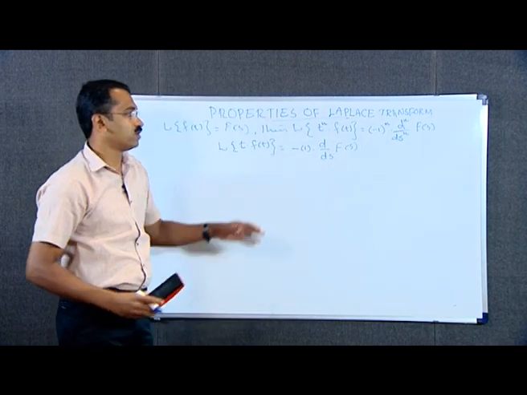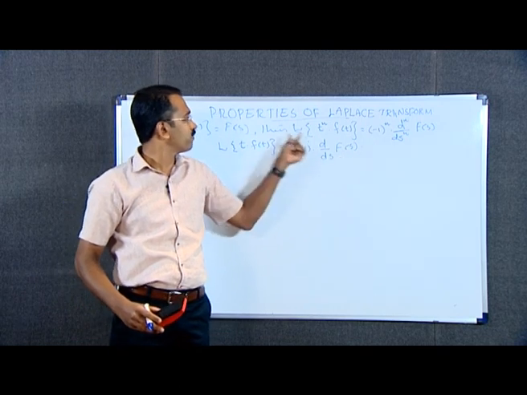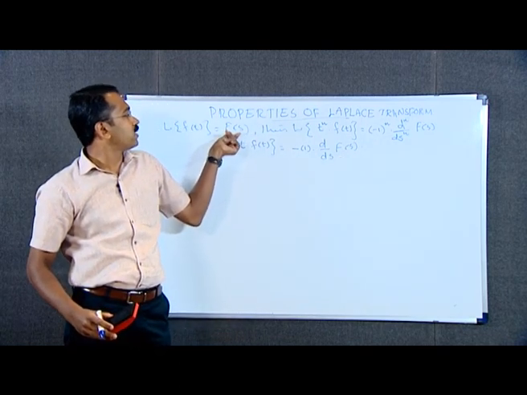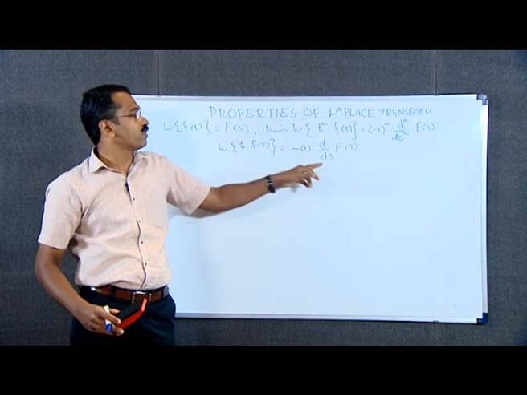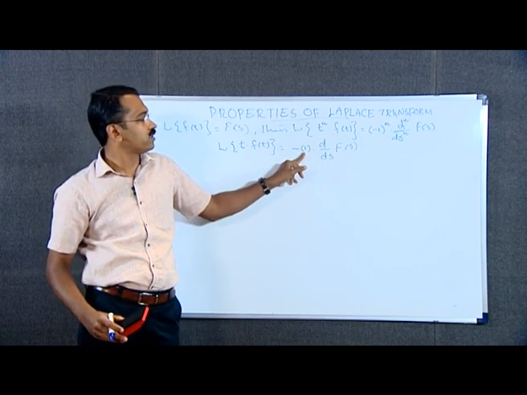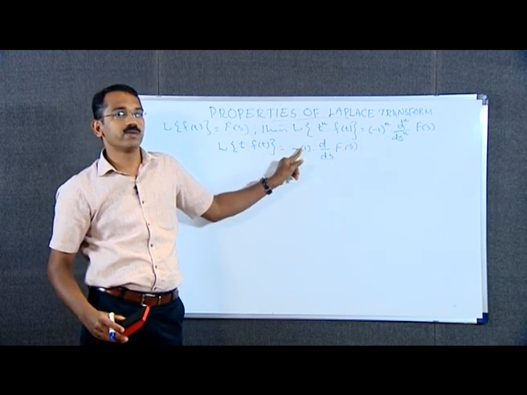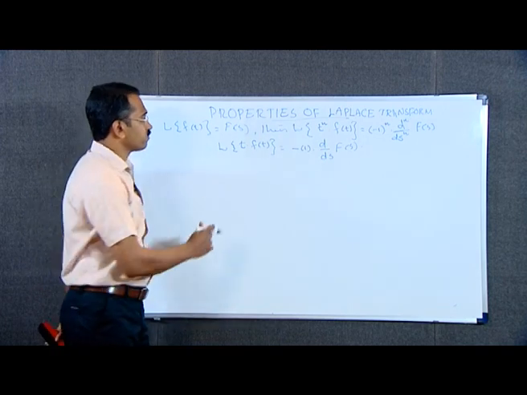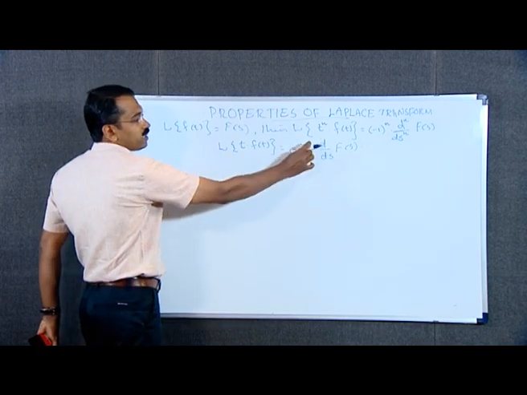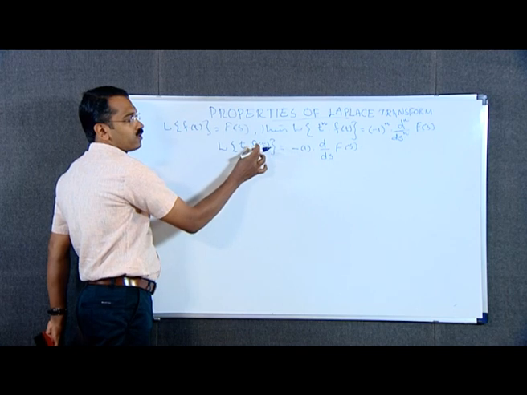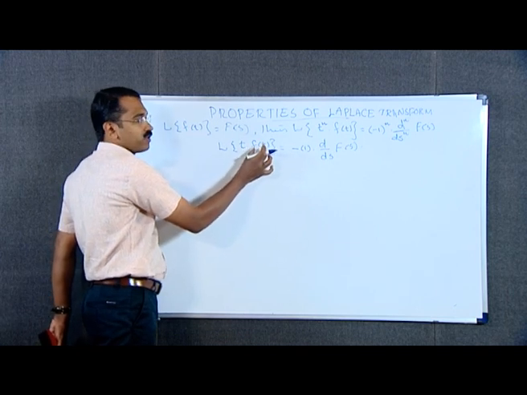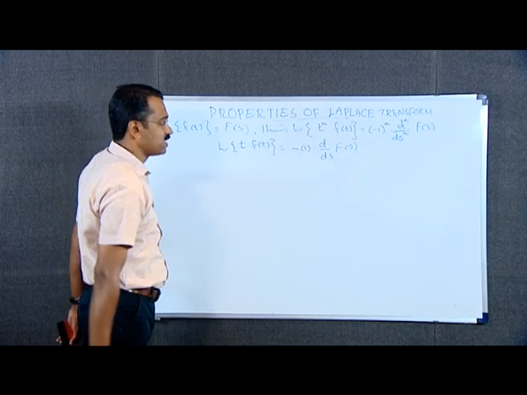That is, we just differentiate the Laplace transform of f of t with respect to s and multiply by minus 1, which is the Laplace transform of t into f of t, that means the function f of t multiplied by t.